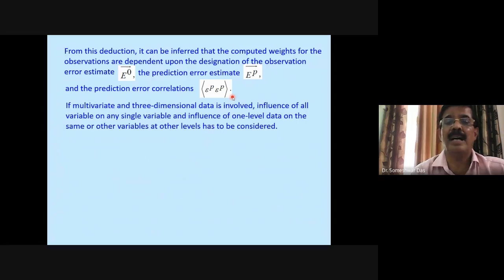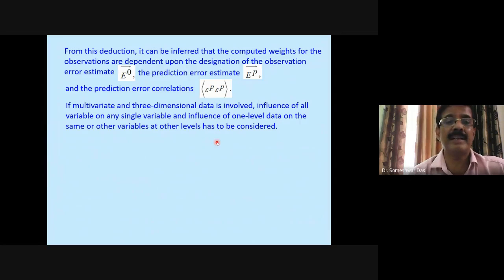If multivariate and three-dimensional data is involved, the influence of all variables on any single variable, and the influence of one level's data on the same or other variables at all other levels, has to be considered. So this is the beauty of this scheme.